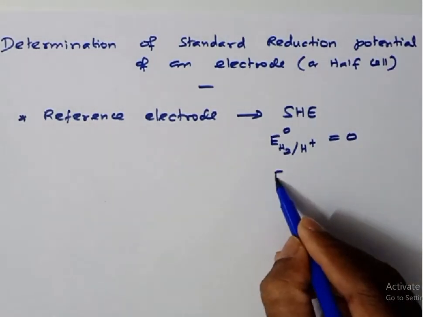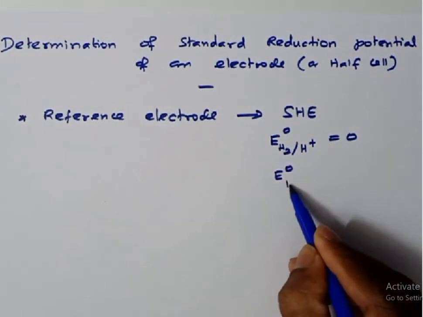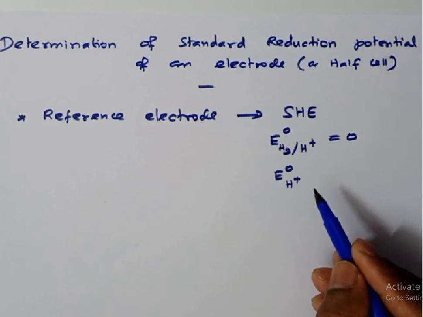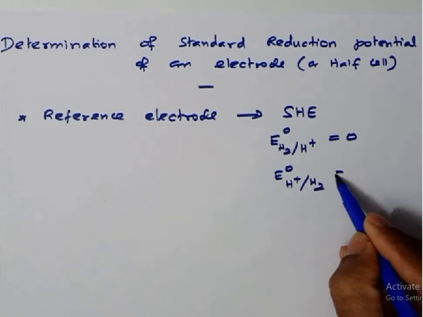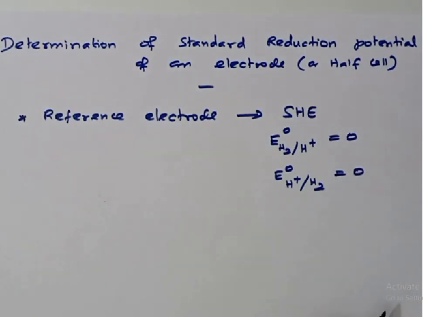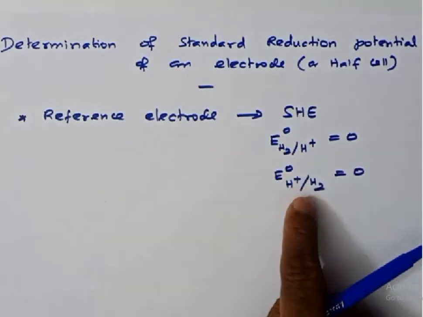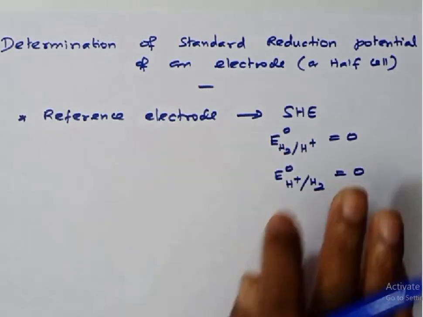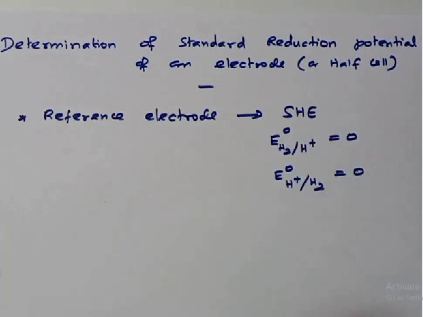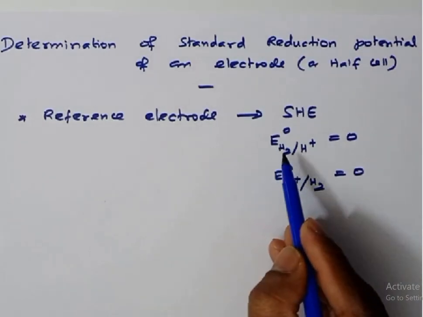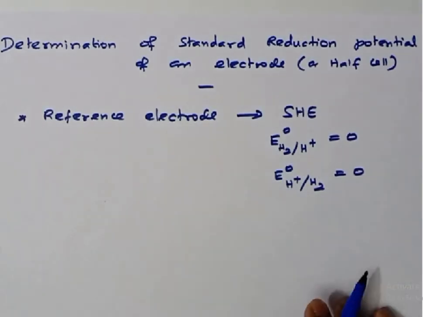If you use it as cathode, then H plus ion undergoes reduction and becomes H2. The standard reduction potential is also 0. Both the standard oxidation potential and the standard reduction potential are 0 for the standard hydrogen electrode. You can use it as anode or as cathode, whatever it is.